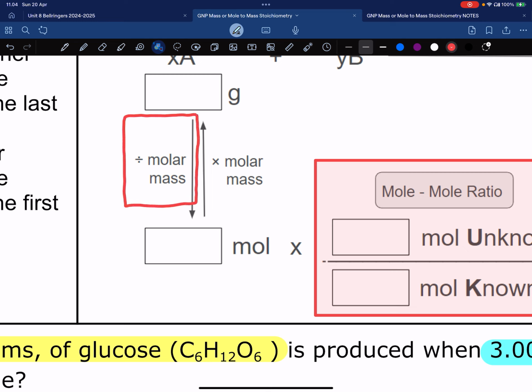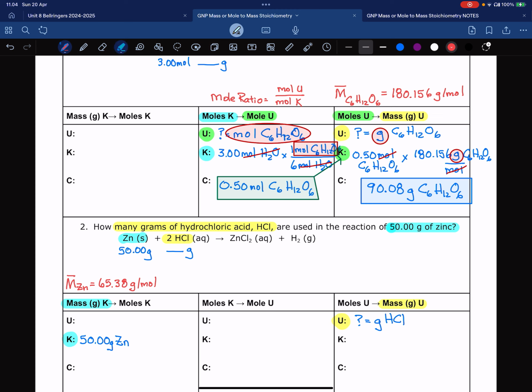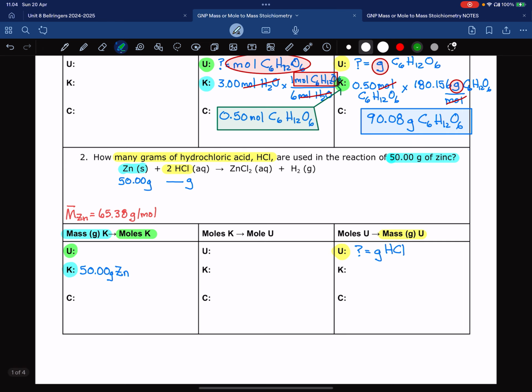So we're going to have to know the molar mass of zinc. Now, of course, that's easy because you can simply look that up on the periodic table. So the molar mass of zinc is 65.38. It just happens to be one of those that only has 2 decimal places. All right?